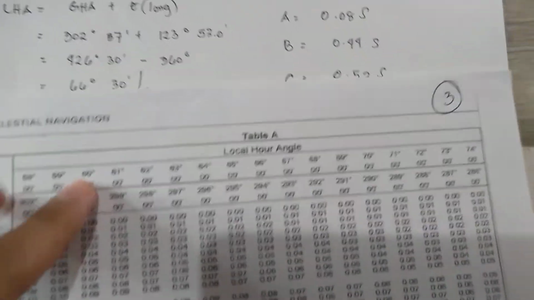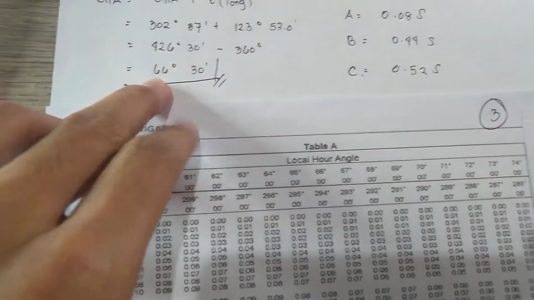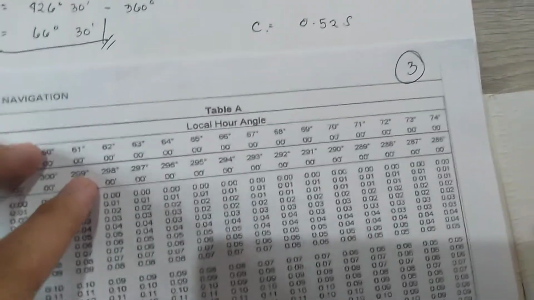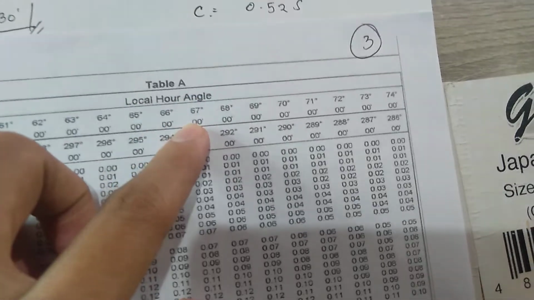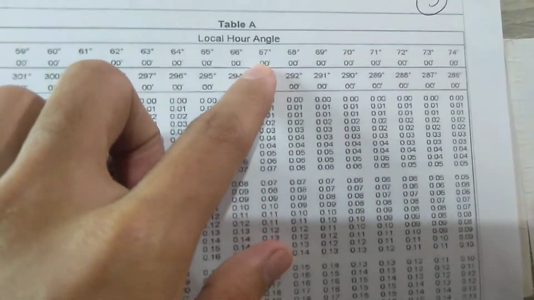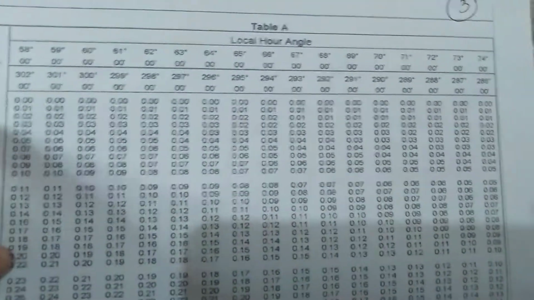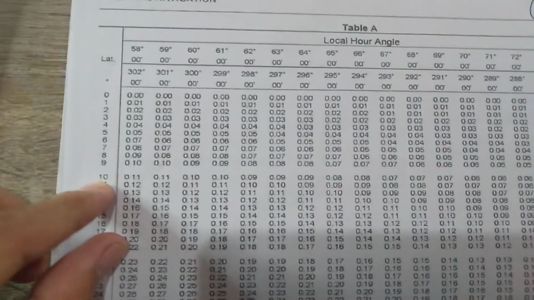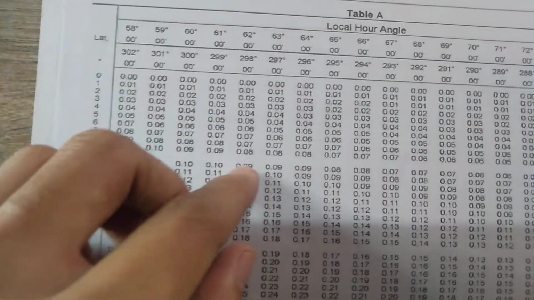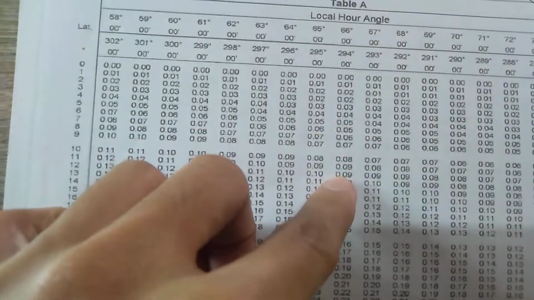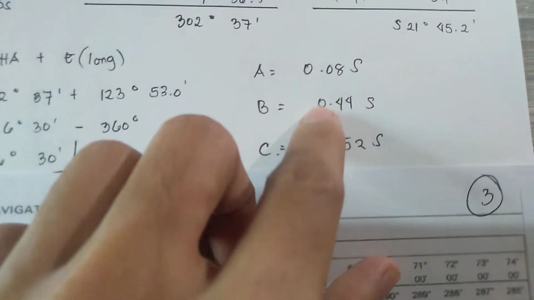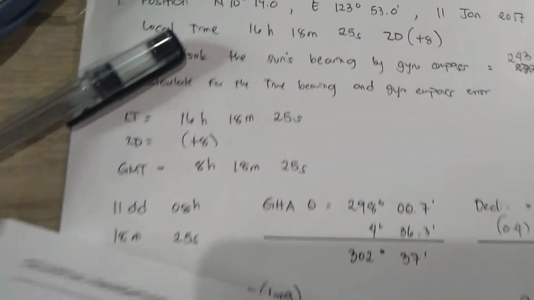Since the LHA is 66 degrees 30 minutes, we round off to 67. The latitude is 10, and with 66, A is 0.08. And that is south, because it is named opposite to the latitude, and the latitude here is north.